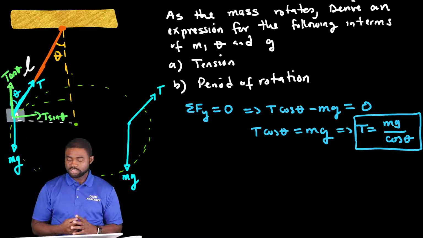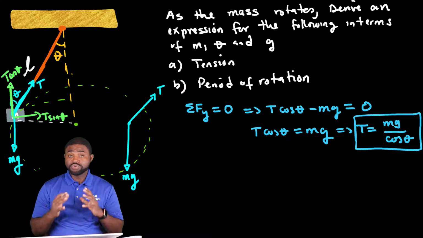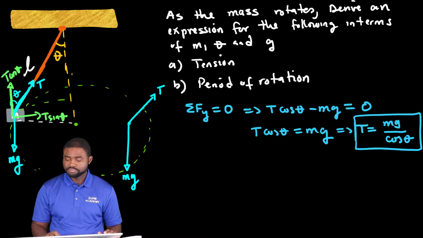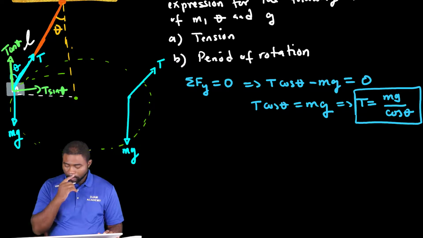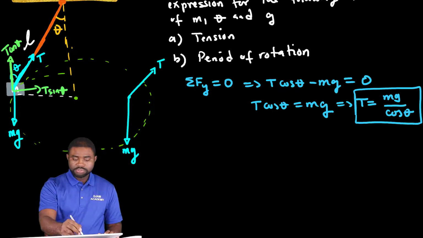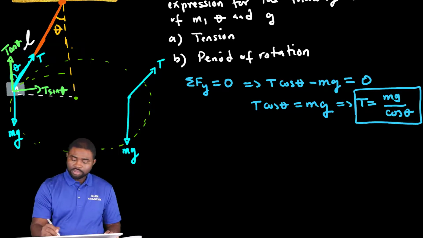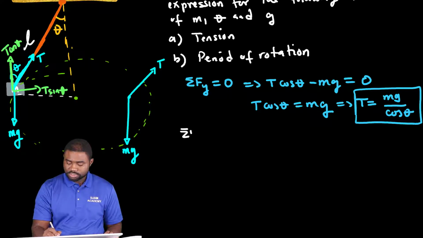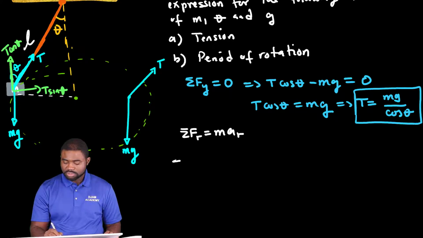So our next task is to derive an expression for the velocity of the system. We know for sure that the sum of forces along the radial direction is equal to m a radial. That would imply that T sine theta will be equal to mv squared over r.